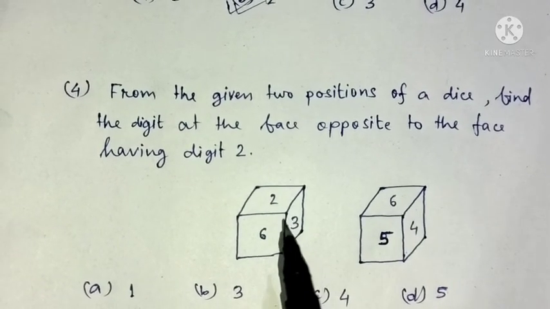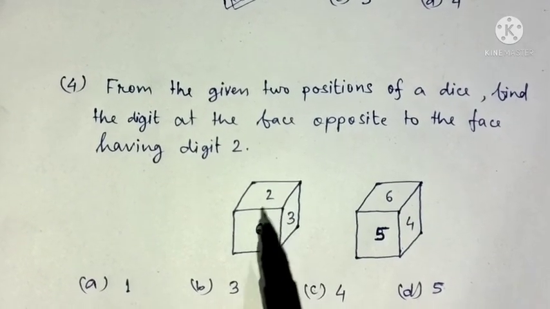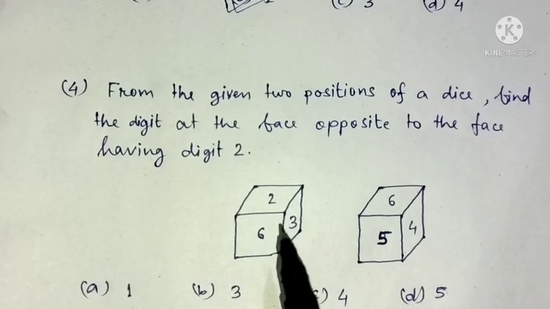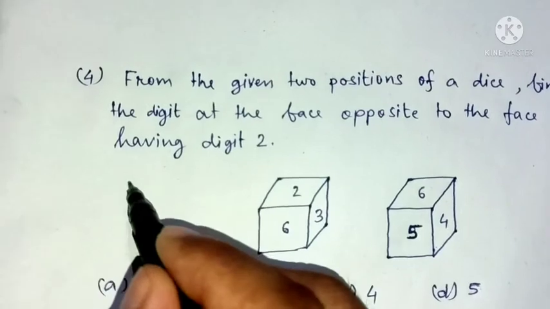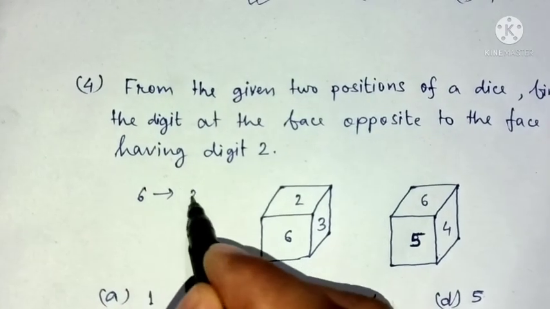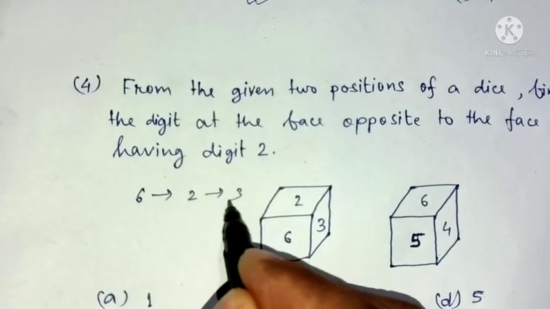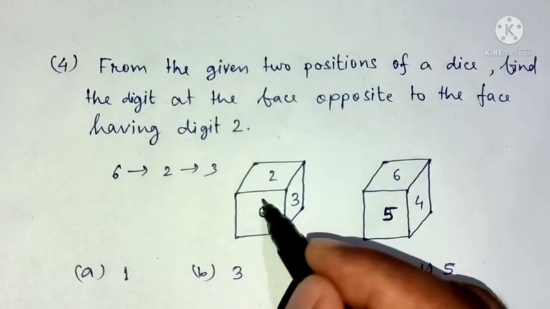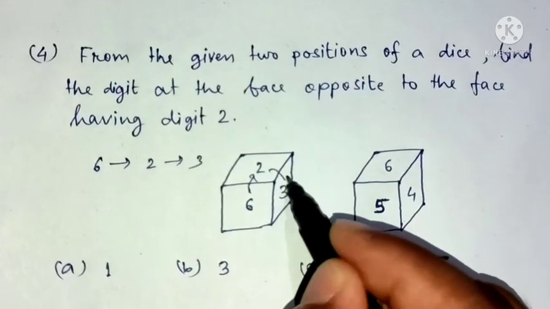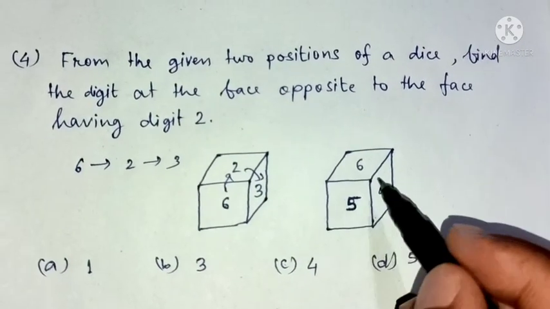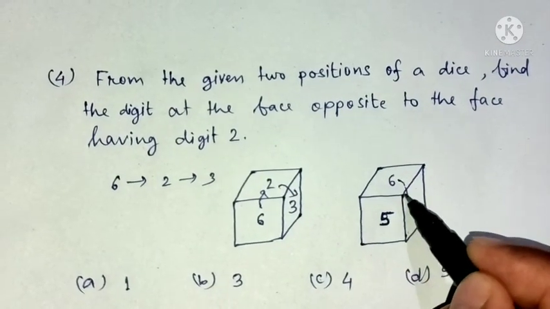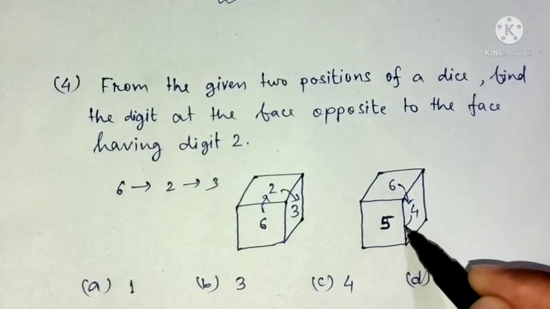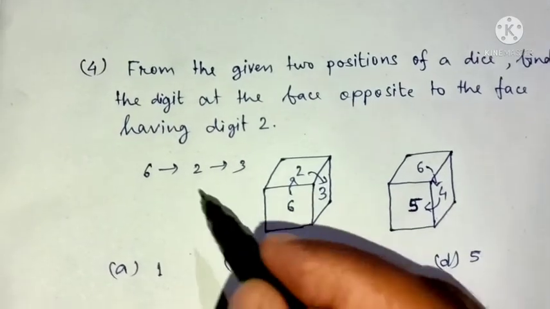So first of all, we have to arrange these numbers either in clockwise or anti-clockwise direction. So let us go through clockwise. 6, after that 2, after that we get 3. Here it is, 6 to 2, 2 to 3. Similarly, here also you have to start from 6, as 6 is the common digit. 6 to 4, then 4 to 5.